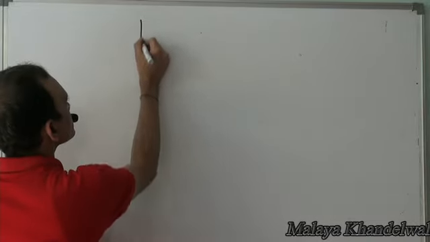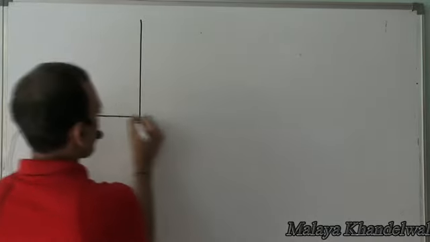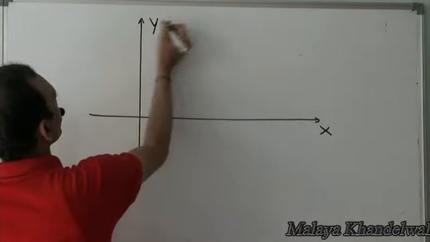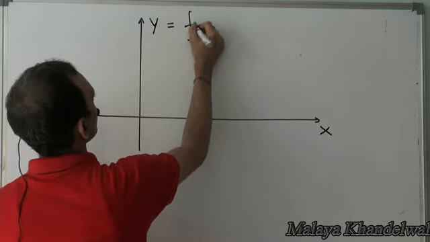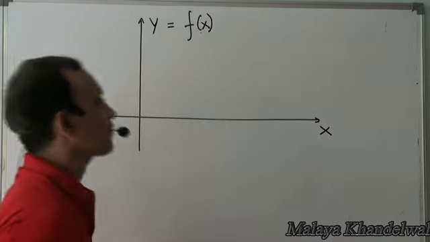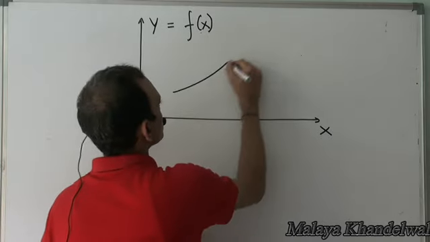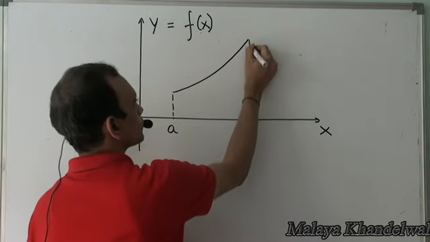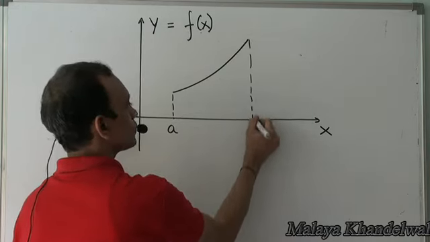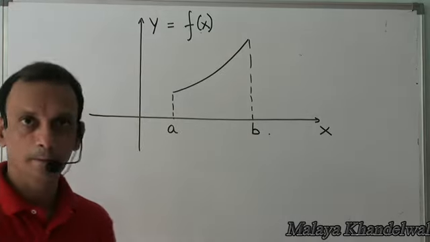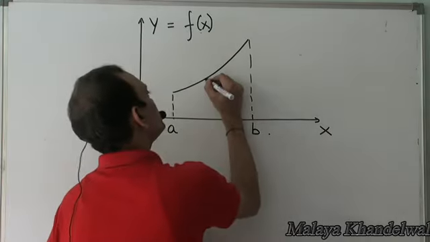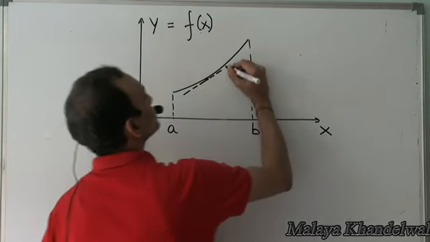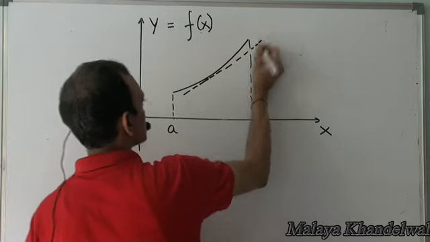Suppose this is a function, something like this. And if you find that the tangent at every point makes an acute angle with the positive direction of the x-axis.